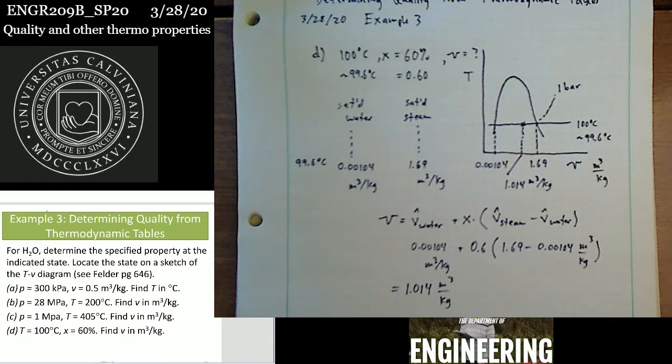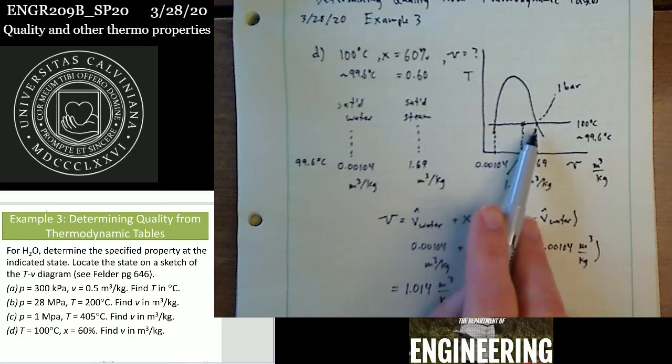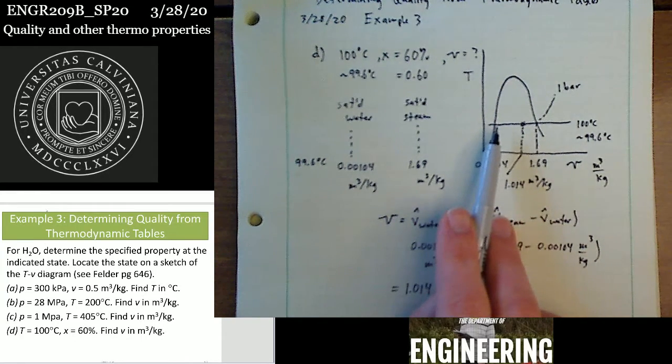So we've identified it on the TV diagram. We've identified it, and we've identified what the specific volume is at this point as well. So that's how you use quality to find the specific volume between a saturated vapor and a saturated liquid.